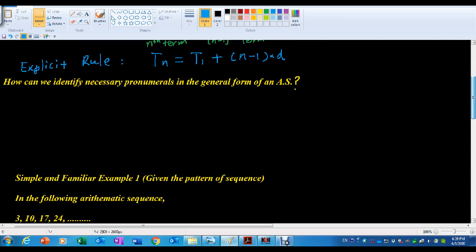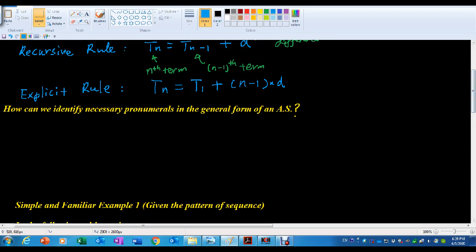As I've said, the explicit rule is more important. So how can we identify these terms in the explicit rule?